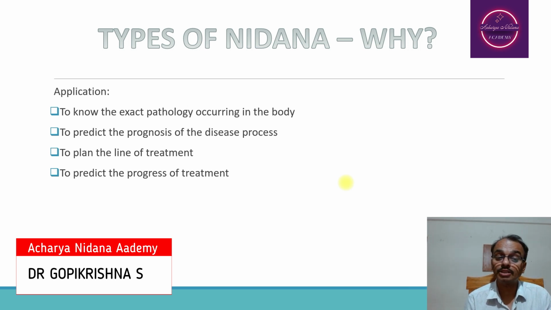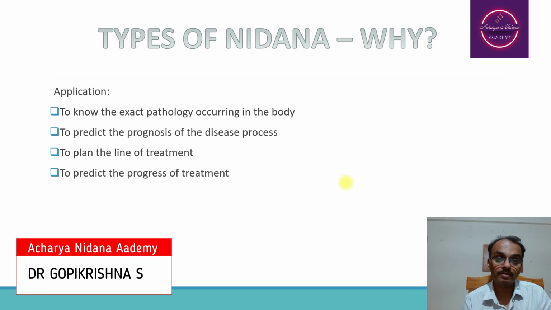That means the exact pathology happening inside the body can be learned by knowing the Nidana, and it helps to predict the prognosis of the disease process. The greater the number of pathogens, the more severe the disease manifestation. Take the examples of 10 pathogens, 100 pathogens and 1000 pathogens.